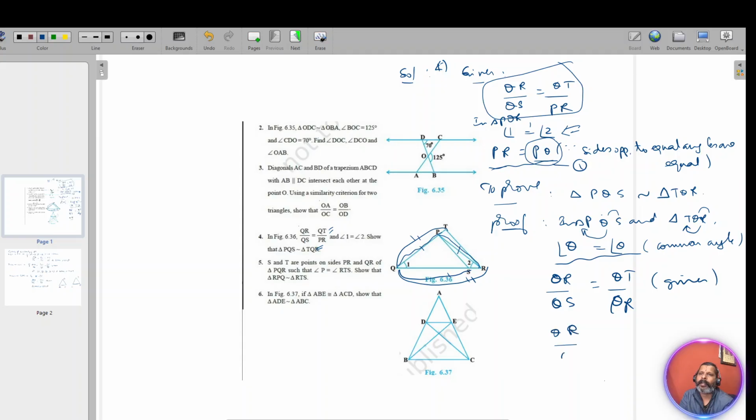QR by QS equal to QT by, instead of PR, we write PQ. This is from 1. Now these two are corresponding sides. Therefore, triangle PQS, very simply, otherwise you can say TQR by SAS similarity, hence proved.